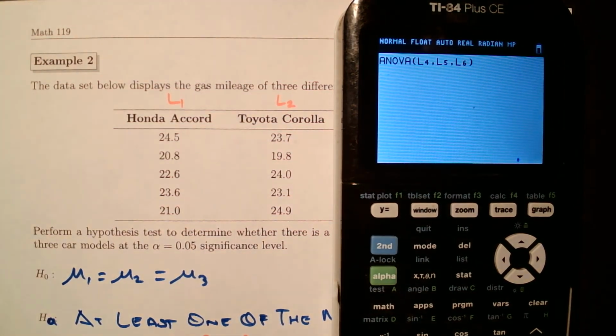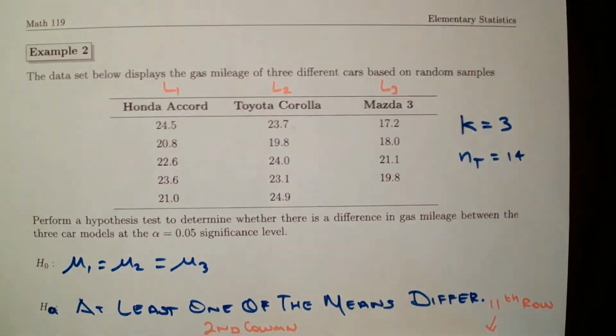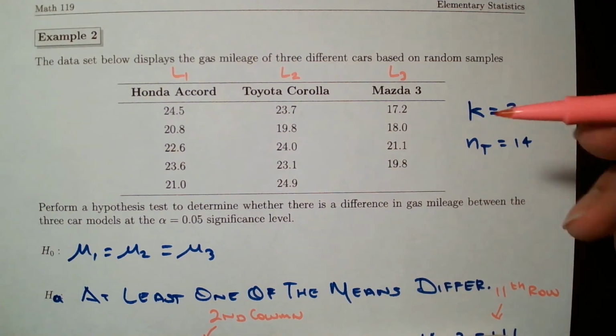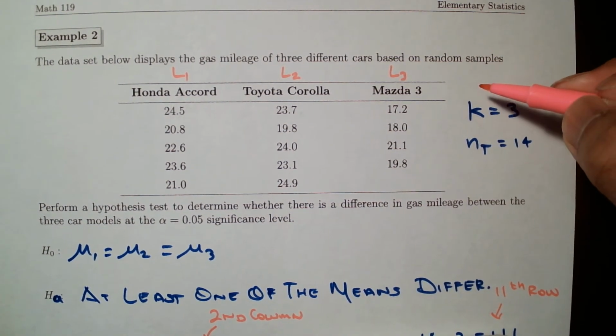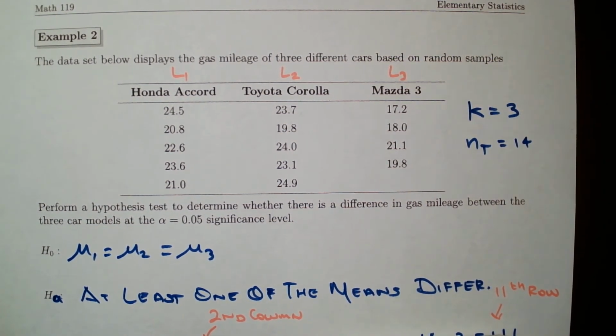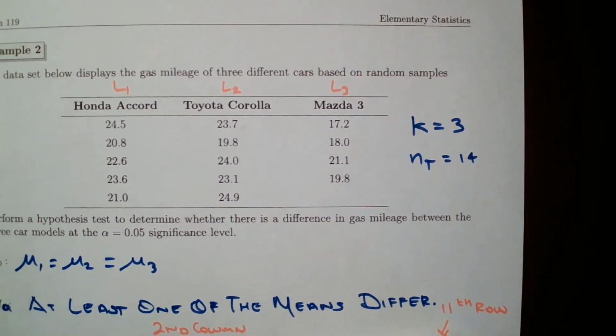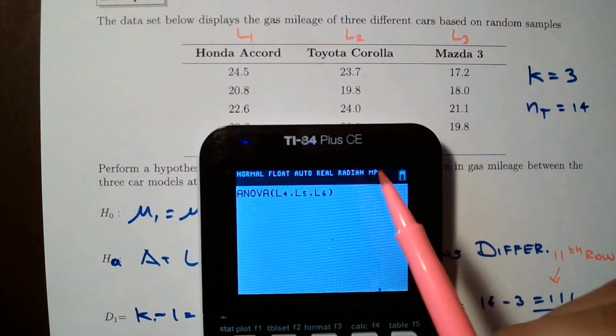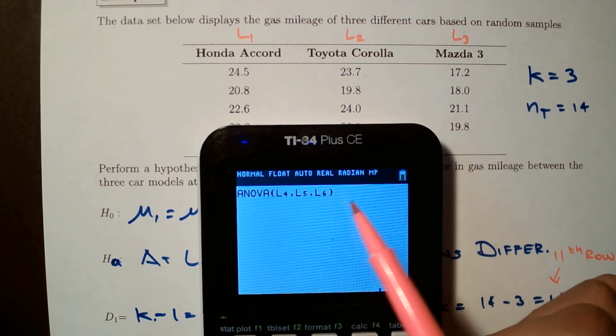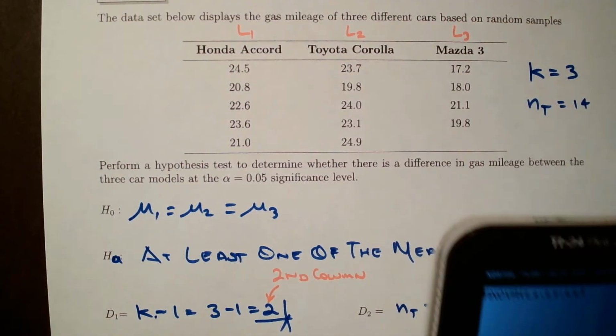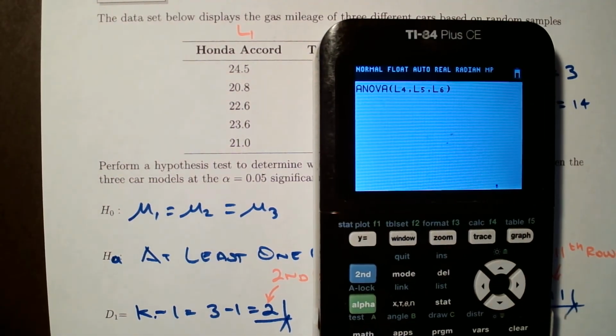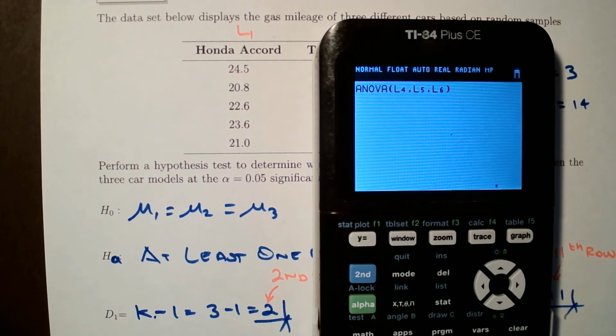So in these examples right here we only had 3 samples, but of course on the homework you're going to see something with 4 columns or even 5 or 6 columns. So all you do is just keep putting the L's, L7, L8, etc. All the L's that you need, that you put in the calculator in the data set.